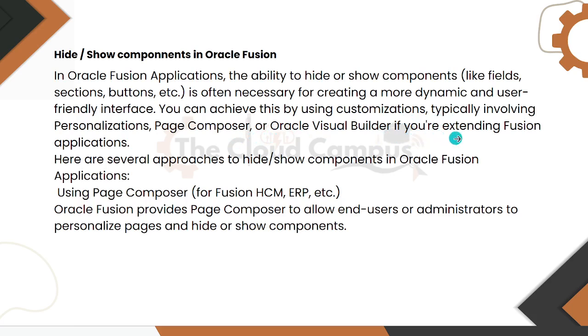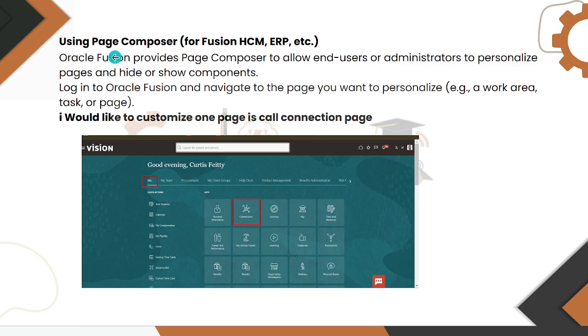If you are extending a Fusion application using Page Composer, for example Fusion HCM, ERP, etc., Oracle Fusion provides Page Composer to allow an end user or administrator to personalize a page and hide or show components.